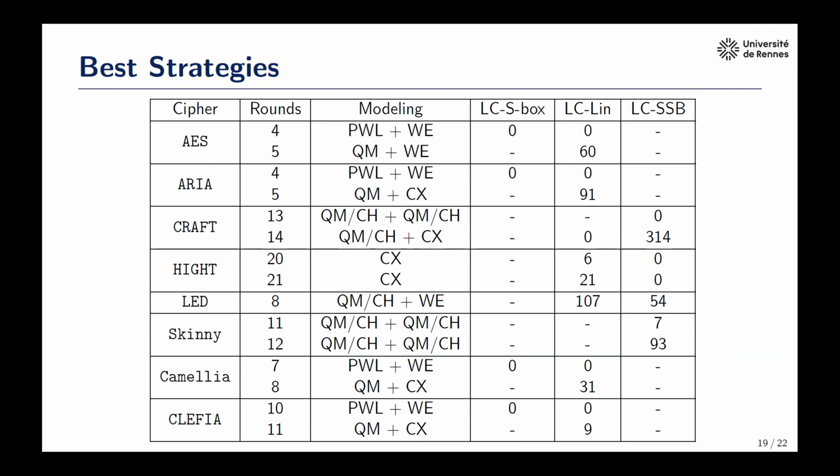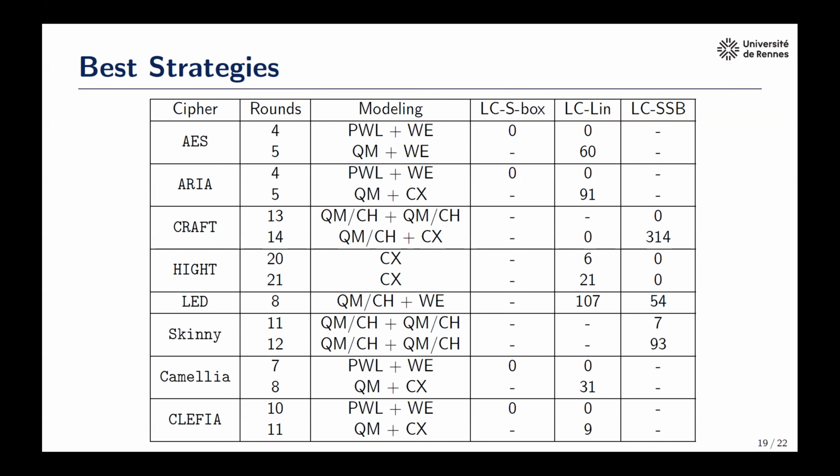It will add extra constraints and extra variables to your model, but it's the fastest one. Otherwise, I have no real recommendation. I think if you can use the copy XOR modelization, you should use it. Otherwise, you should use weight equality if you have a very big matrix.